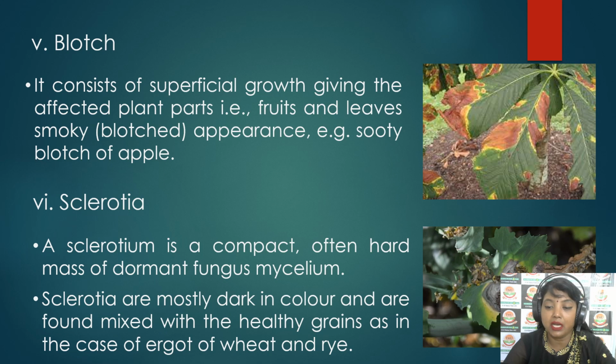Sclerotia are mostly dark in color and are found mixed with healthy grains, as in the case of ergot of wheat and rye.